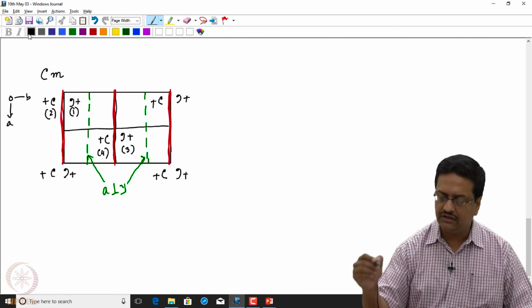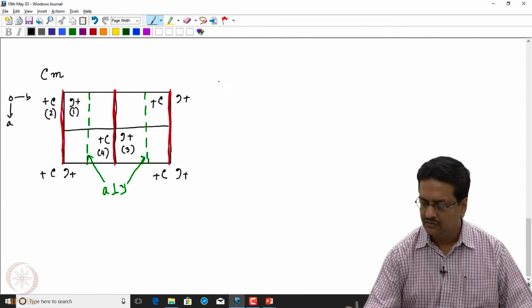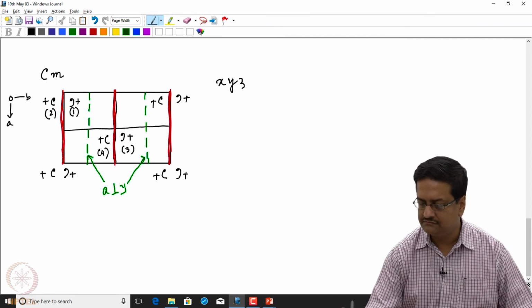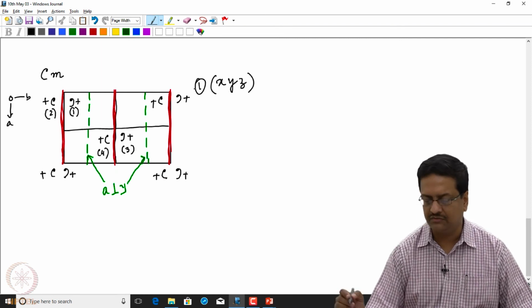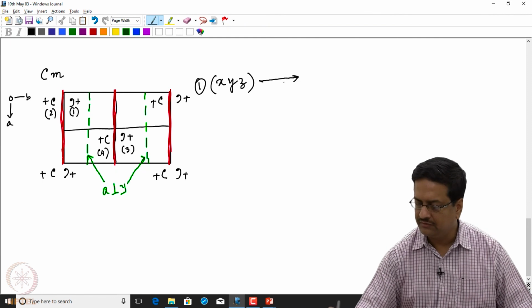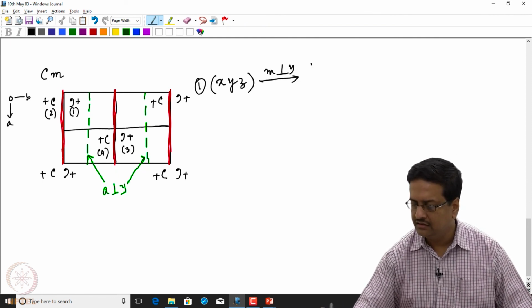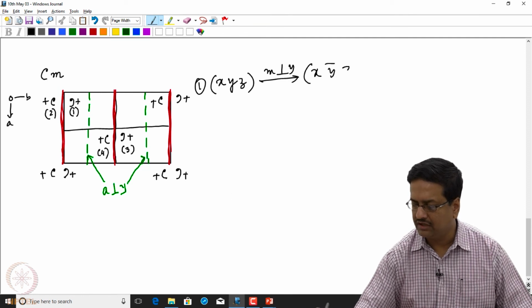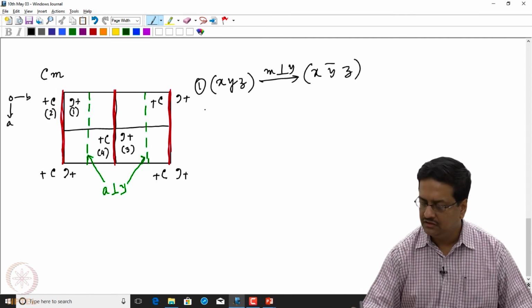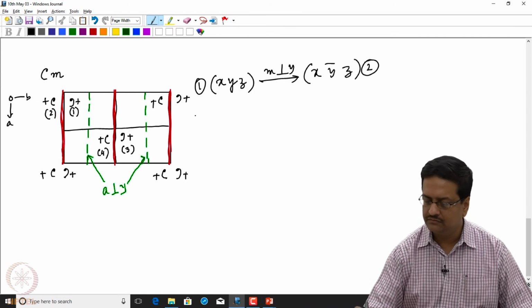So what are the equivalent points? We started with x, y, z, which is point number 1. We apply a mirror perpendicular to y, we end up getting x, y bar, z. That is my point number 2.